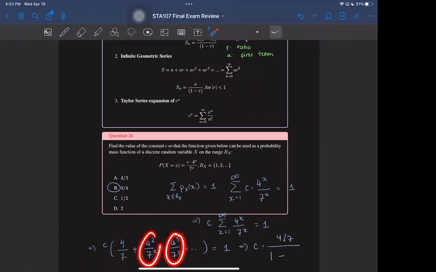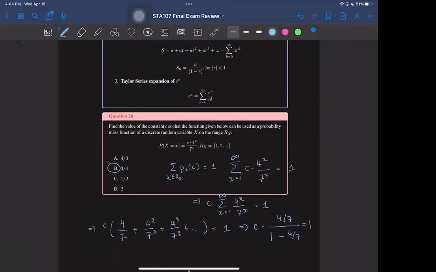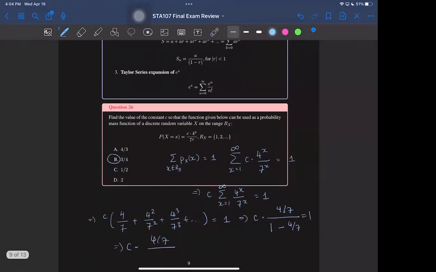Similarly, the ratio between these two terms is also 4/7. So we have 4/7 divided by 1 minus 4/7, which is 3/7, giving 4/3. So c should be 3/4.